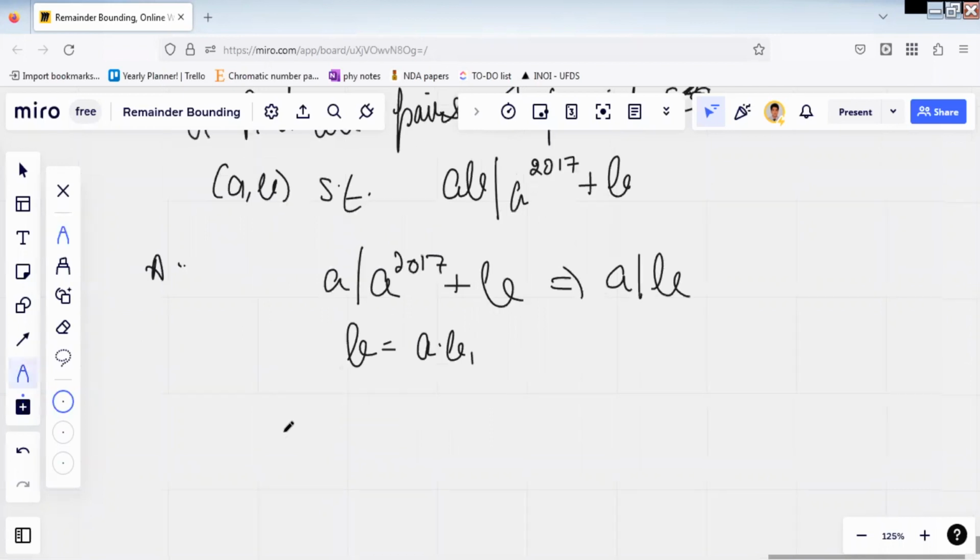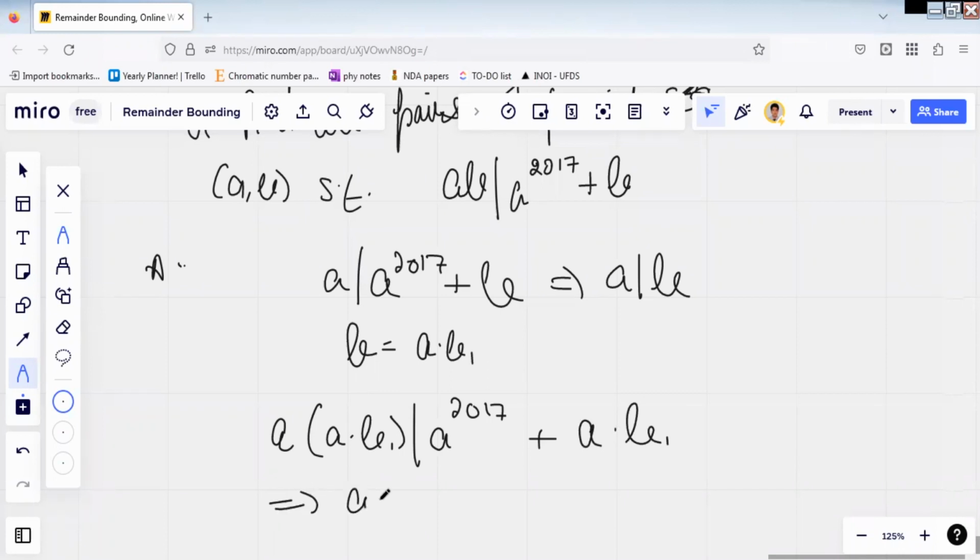So what we do is put B equals AB1 in this original equation. Then AB1 divides A to the 2017 plus A times B1 to the 2017. So we can cancel out one A and get something like this.